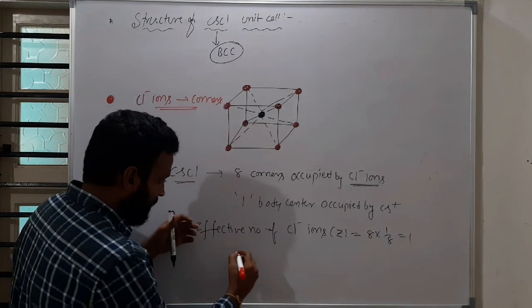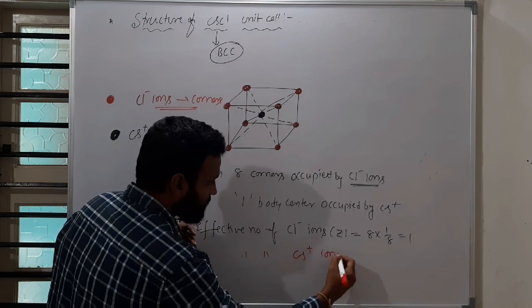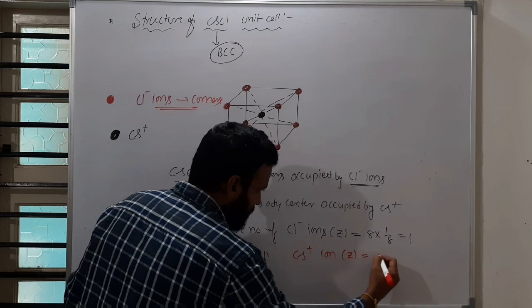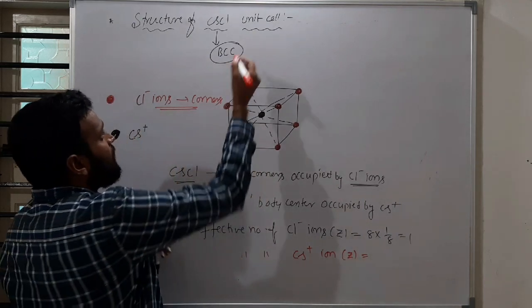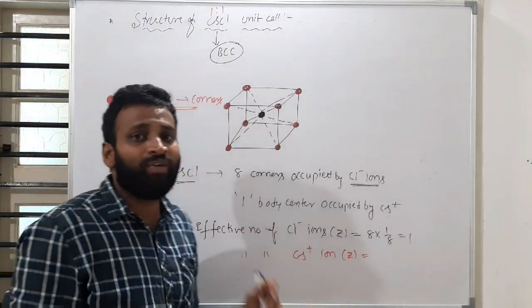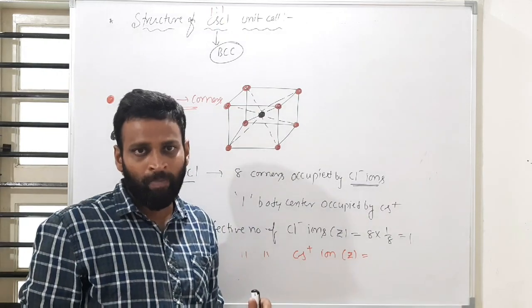And the effective number of Cs plus ions is how much? This is also Z. It must be the same because they are existing in 1:1 ratio. NaCl 1:1. So the effective number of atoms must come in the same ratio. Getting what I am saying?